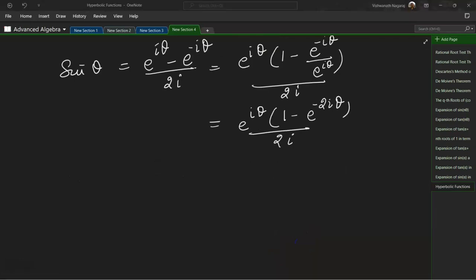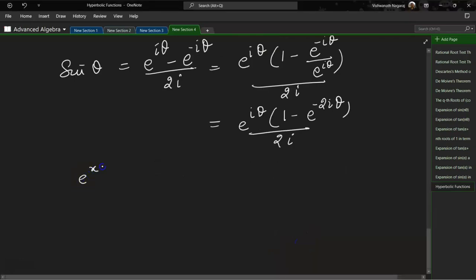Till now we were looking at e to the power of x, where x was an imaginary angle, iθ, right? So now let's actually say, let x equal to a complex number z, that is x plus iy.